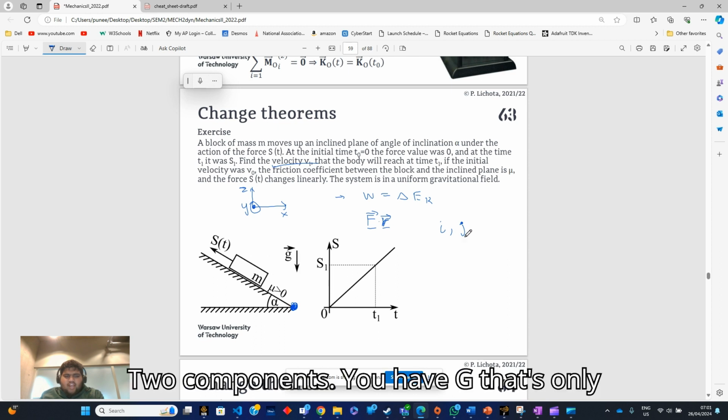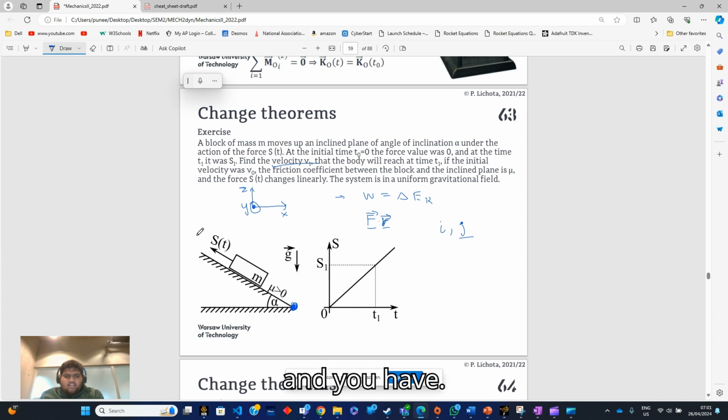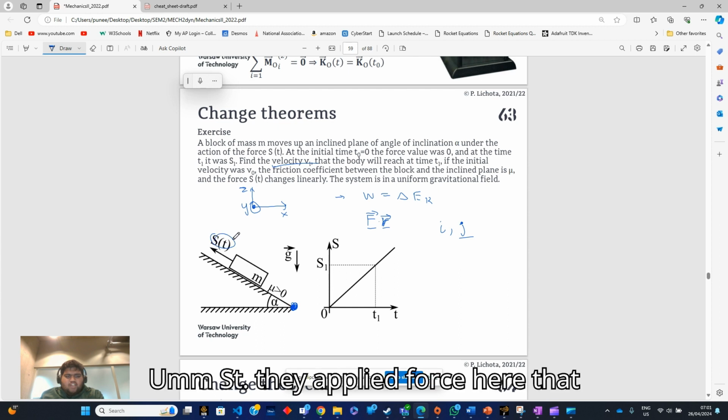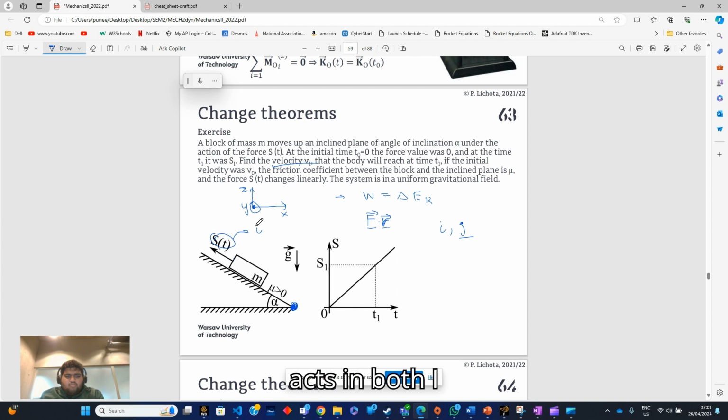You have g only acting in the J component, and you have the applied force here, which acts in both I and J components. You're going to resolve everything into I, J, and K, and solve it in vector form like that.